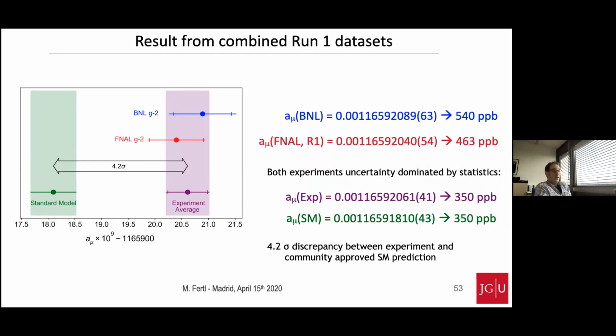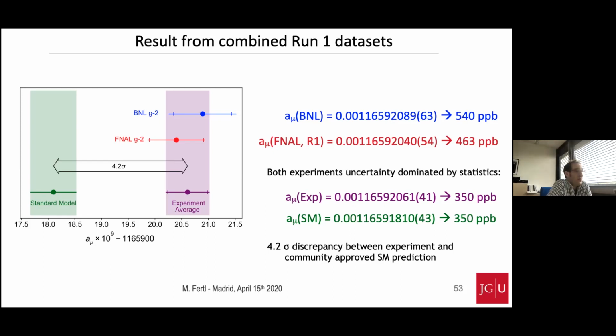In the first run of the Fermilab experiment, we have now extracted a value for omega a, with a slightly decreased uncertainty of roughly 470 parts per billion. And you can see this in the plot on the left-hand side, which is fully statistically compatible with the predecessor experiment at Brookhaven. And both of them are completely dominated by the statistical uncertainty.